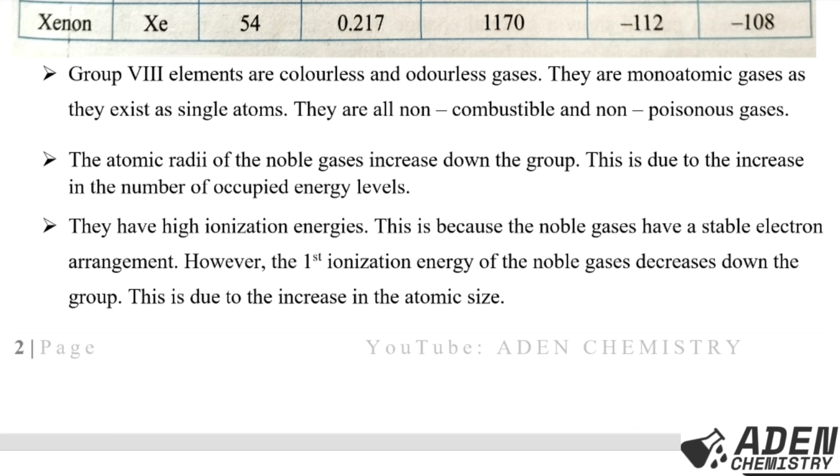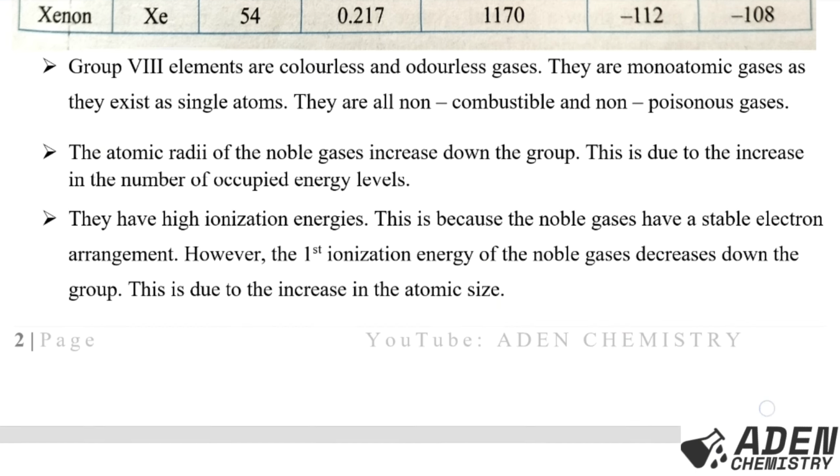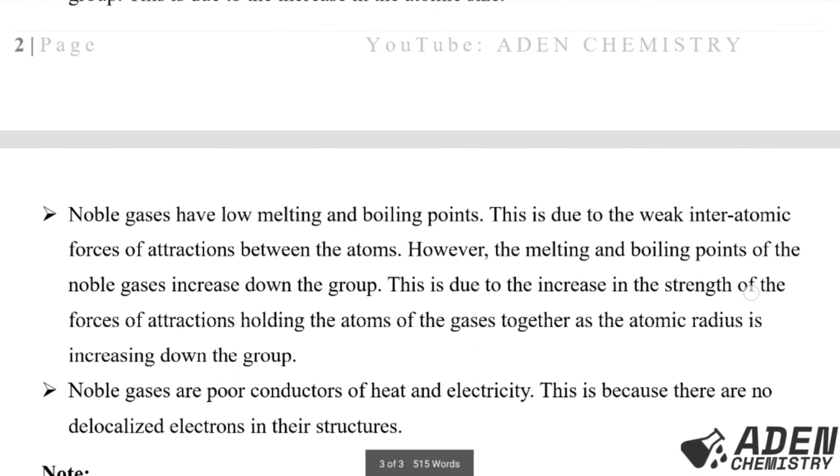And both ionization energy and electron affinity were decreasing down the group, and the reason was due to the increase in the atomic size as the atomic radius is increasing down the group. So even here, ionization energy of the noble gases decreases down the group, just like alkali metals and also alkaline earth metal. And the reason is due to the increase in the atomic size, or due to the increase in the atomic radius as the atomic size increases down the group.